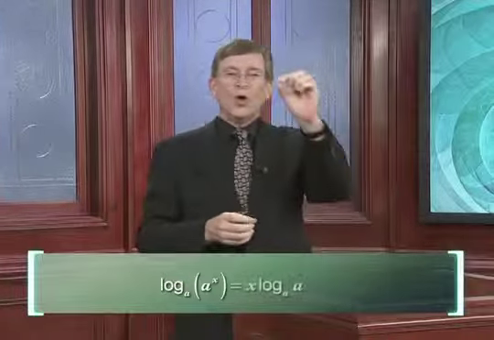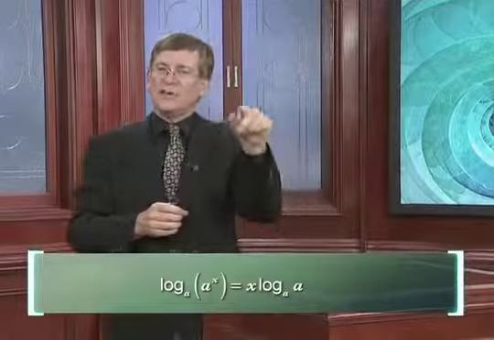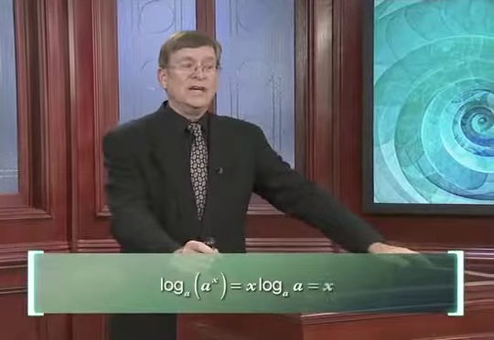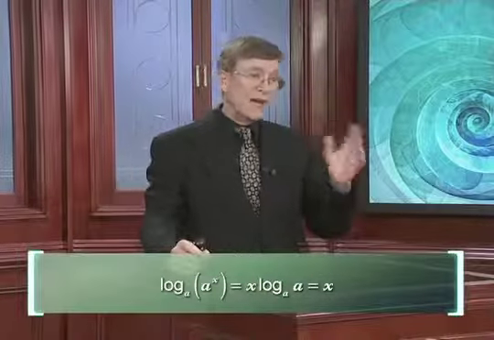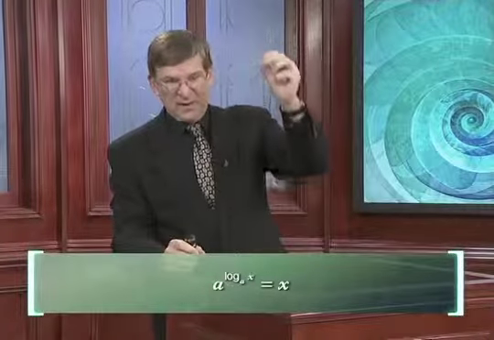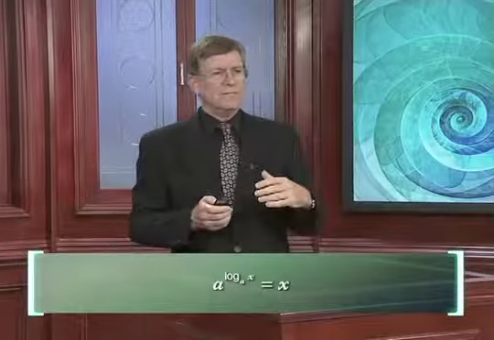So I'm composing a to the x with logarithm, slide the x out to the front, and then log base A of A is 1, so I end up with just x. And in the same way, a to the power log base A of x equals x. Good. So those are the inverse relations.